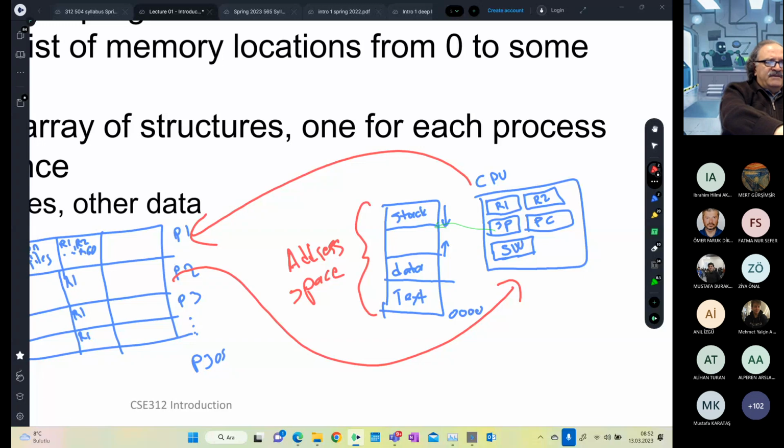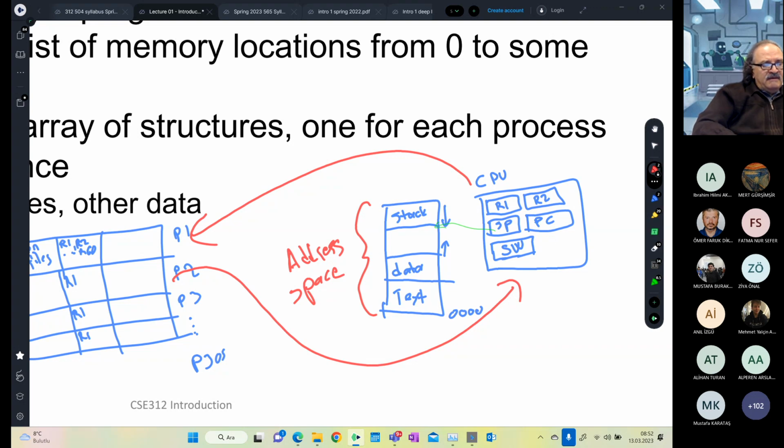I have my data, physical address space, and I have my CPU, and I have a single process, and that's it. It's like the mainframes of the 1950s and personal computers of the 1980s. There is a single process running, that's it, and no operating system.